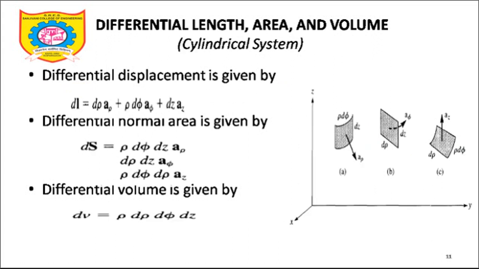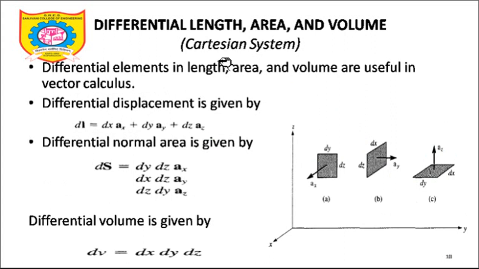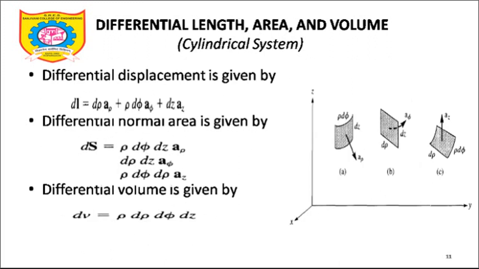Let's revise those formulas now. For the Cartesian coordinate system, it's very easy: dx ax bar, dy ay bar, dz az bar. So if it is the x equal to constant plane, dy dz ax bar, and similarly dx dz ay bar, and dx dy az bar. Similarly, for the cylindrical coordinate system, you need to just remember this dl bar formula: d rho a rho bar.